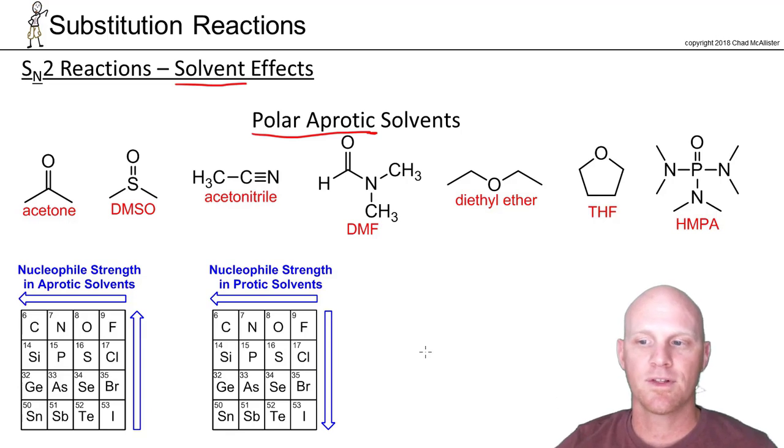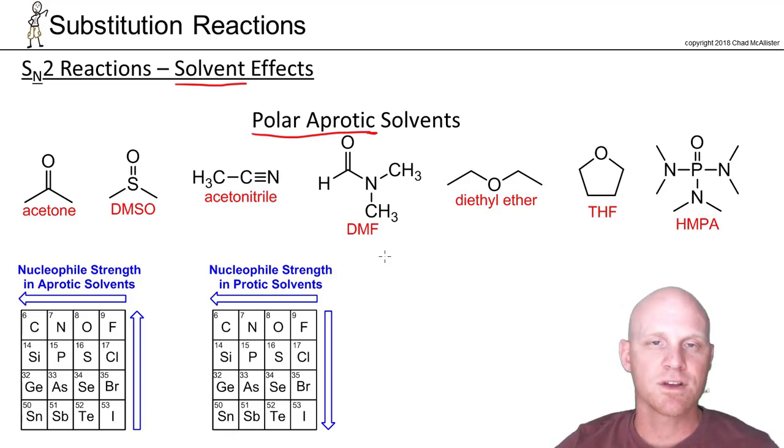If you recall from a couple slides ago, most of the strong nucleophiles have a negative charge, but not all of them. So the trend I'm going to talk to you about here, with polar aprotic solvents being best for SN2 reactions, technically is only true when the nucleophile is negatively charged. If you have a neutral nucleophile, it actually is the opposite. But again, I'm oversimplifying some things here.